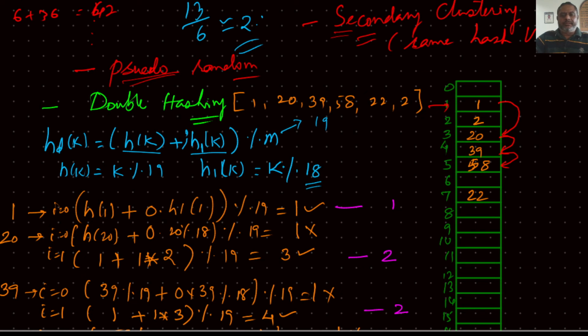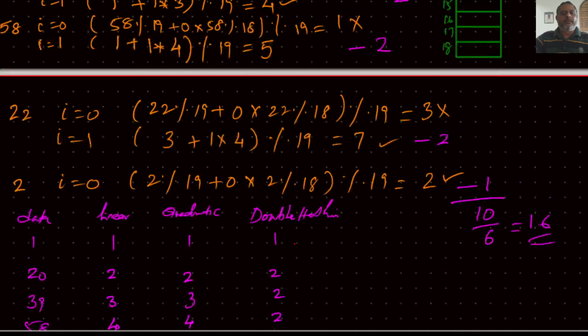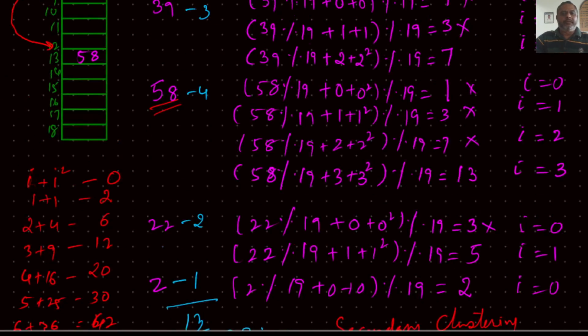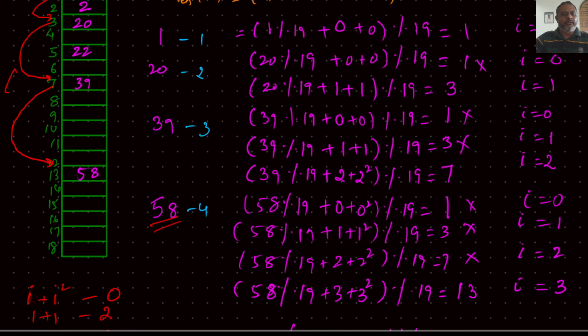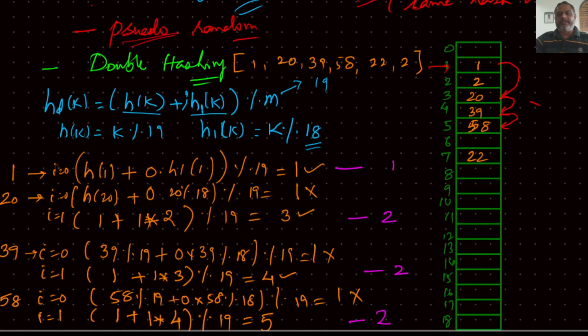So this number, the position, the second value in case of quadratic hashing, the next value depends only on I, whereas these jumps do not depend on I, but they just depend on the value you want to store. So instead of 39, if you are trying to save 40, then it would not have gone here.